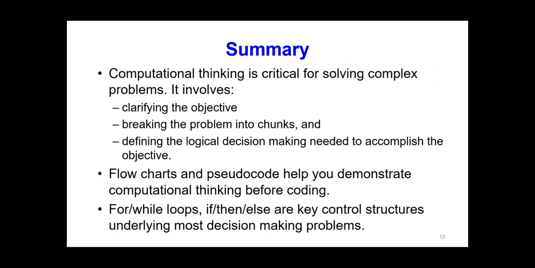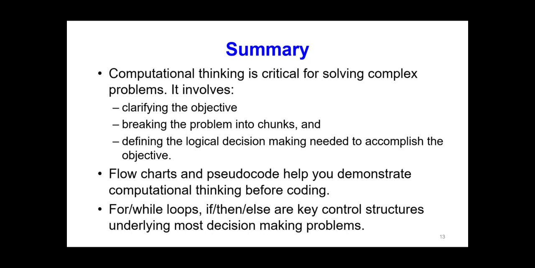So in summary for today, we've talked about how computational thinking is critical for solving complex problems. It involves clarifying the objective, breaking the problem into chunks, and defining the logical decision-making needed to accomplish the objective. Flowcharts and pseudocode help you demonstrate computational thinking before you actually get to the computer to code it up.